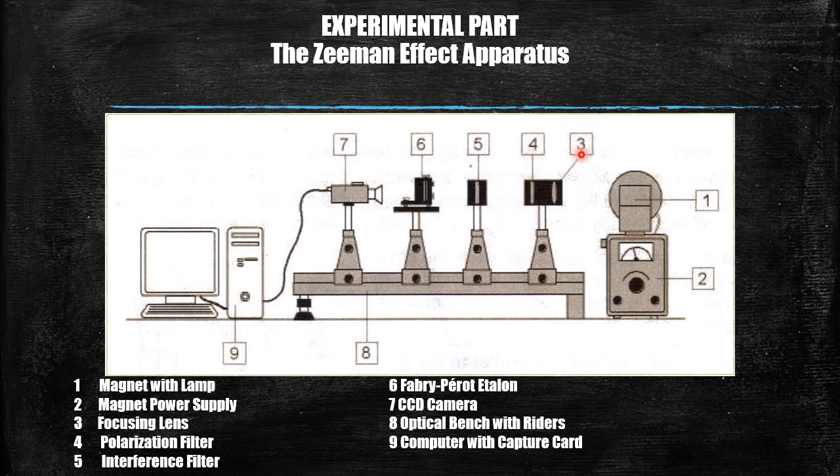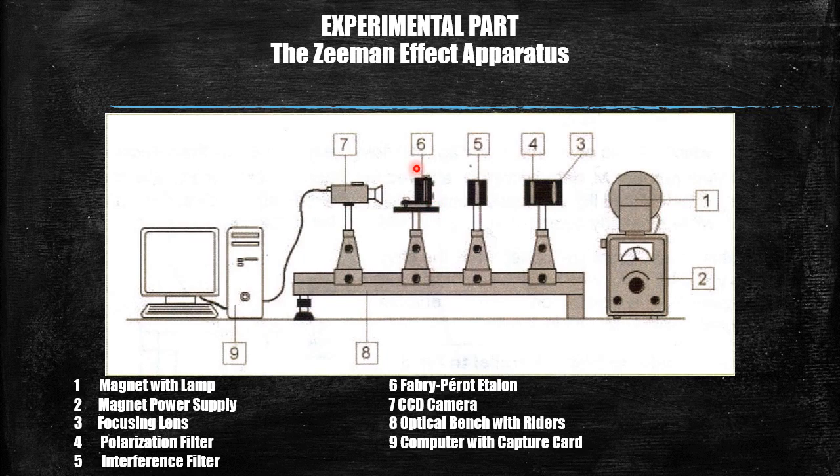This is the part responsible for the color of the spectrum of the interferometer, and the interference filter gives a clear-cut image, and the Fabry-Perot etalon, and later we will discuss it clearly.